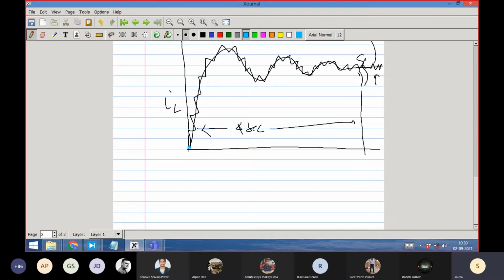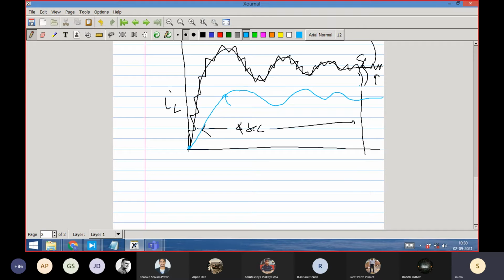It will look like this: it was initially 0, and then it will charge. Only I am not drawing properly. By the same differential equations, no issue. What is the differential equation, you can find out. So qualitatively it is right. Only thing, I am not totally synchronizing this peak with this one.